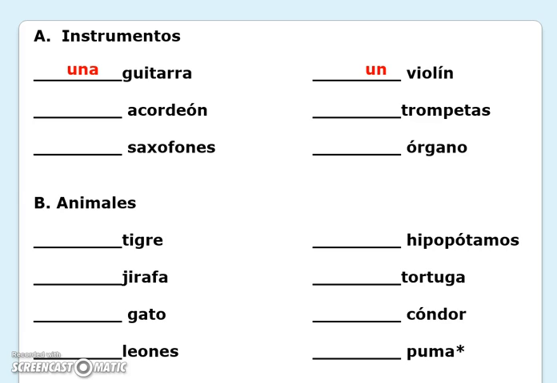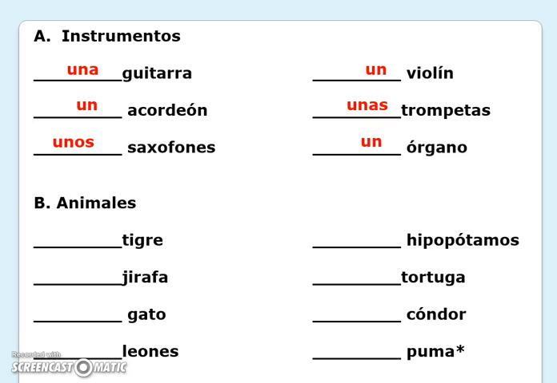Un violín, masculine singular. Un acordeón, a or an accordion. Unas trompetas, for some trumpets. Unos saxofones, for some saxophones. And un órgano, for an organ.